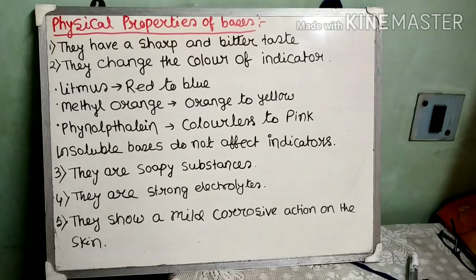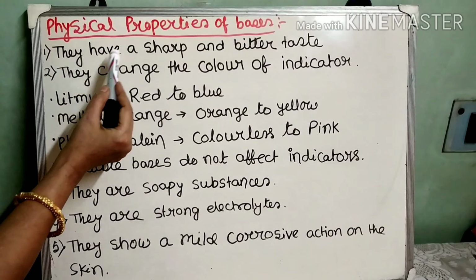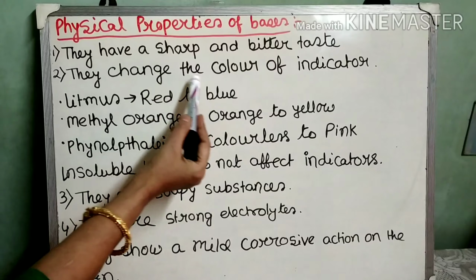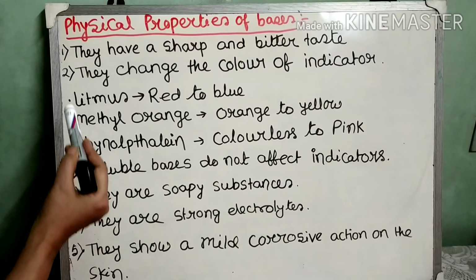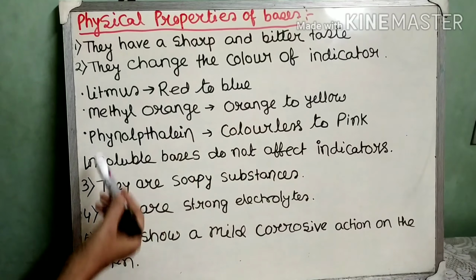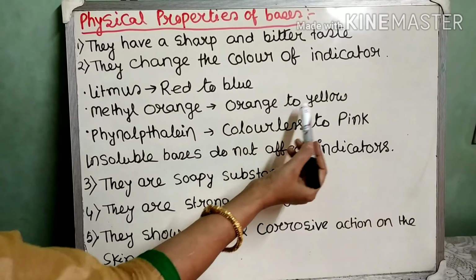Now we are going to know the physical properties of bases. Number 1, they have a sharp and bitter taste. Number 2, they change the color of indicators. With litmus, it changes red to blue. With methyl orange, it changes from orange to yellow.